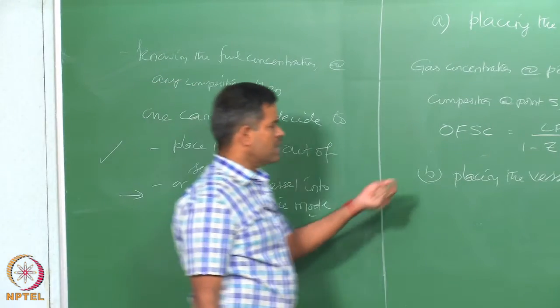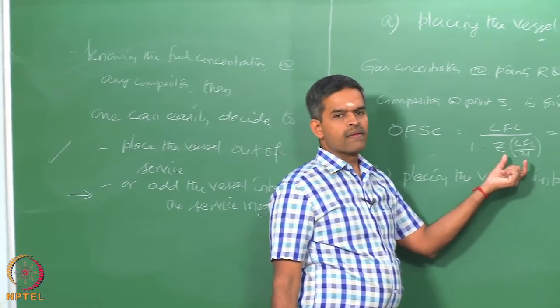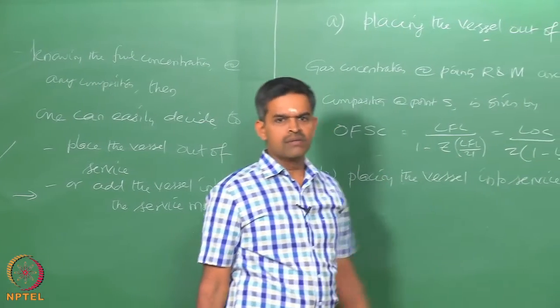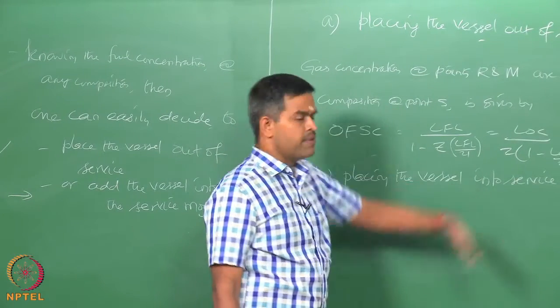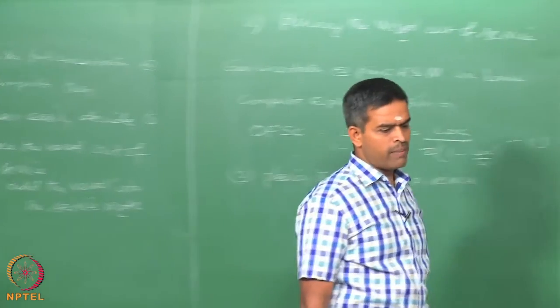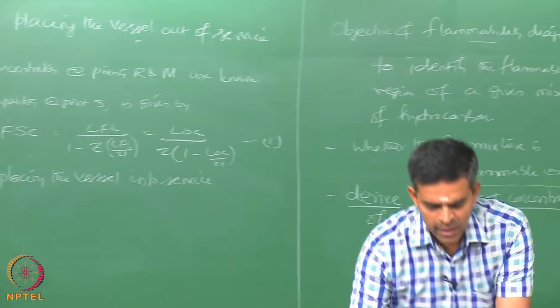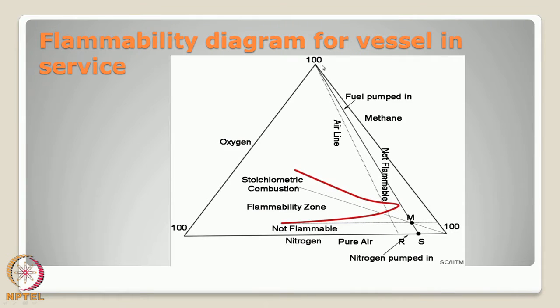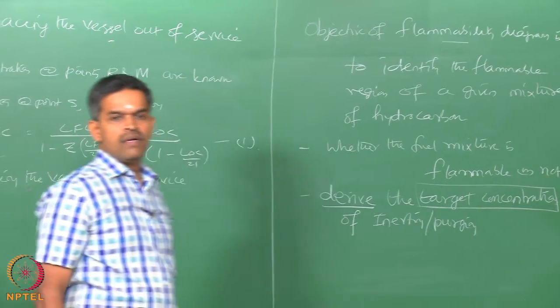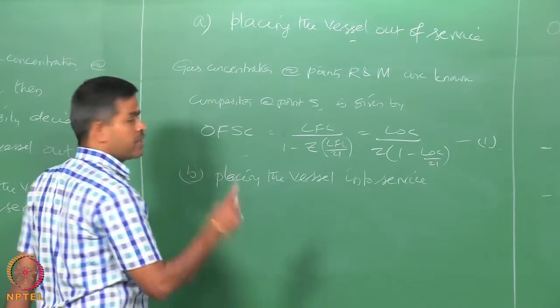So, once the concentration is varied, then the fuel can be allowed inside. So, I want to bring back the vessel in service. So, I pump the fuel back again. Now you can see here the fuel line will be changed and the new concentration S will be decided, and one can easily use this revised flammability diagram to get the concentration or composition at S.